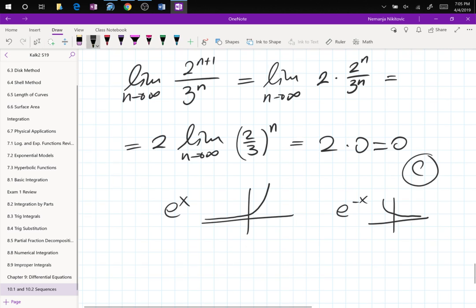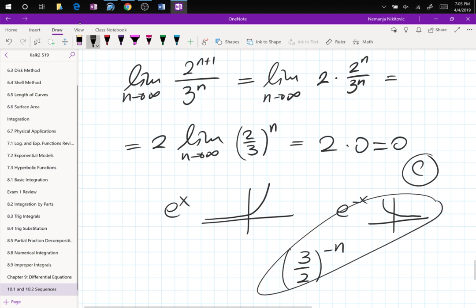So if I flip this to come up with a 3/2, which is a number that is bigger than 1, then I would have negative 1 on top. So the limit of this would behave the same way, and it will drop down to 0. That's one of the ways.